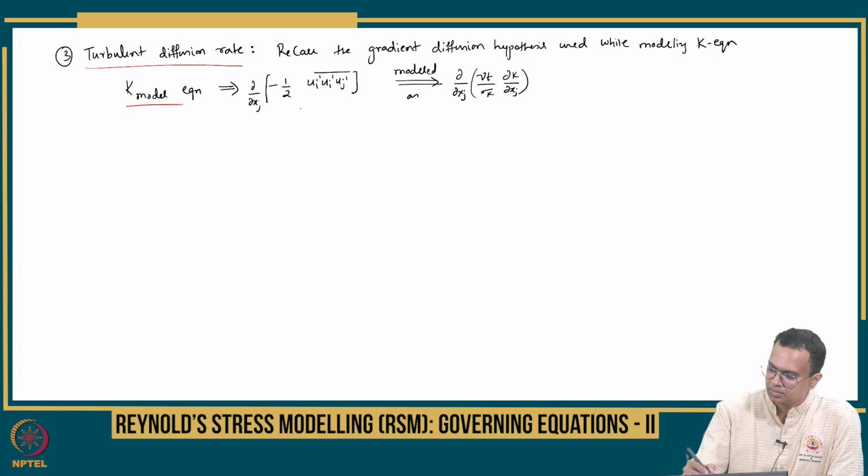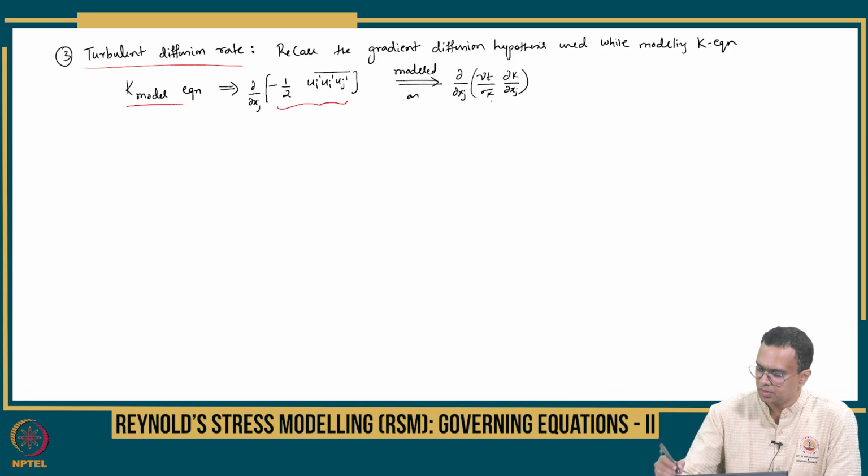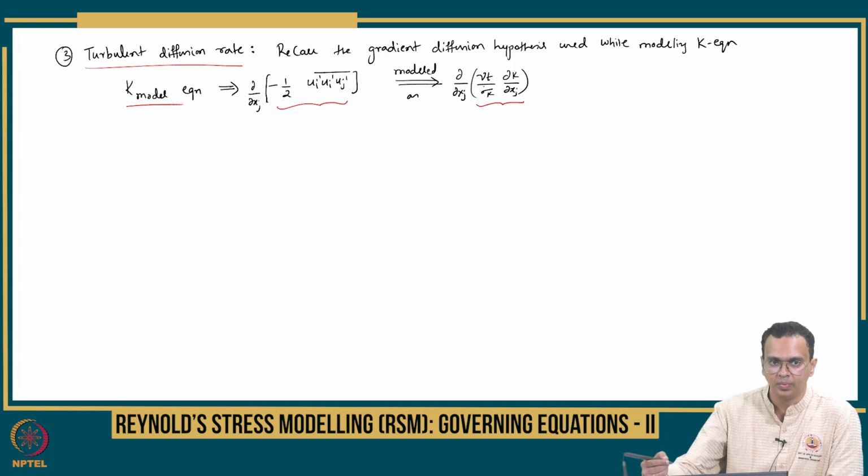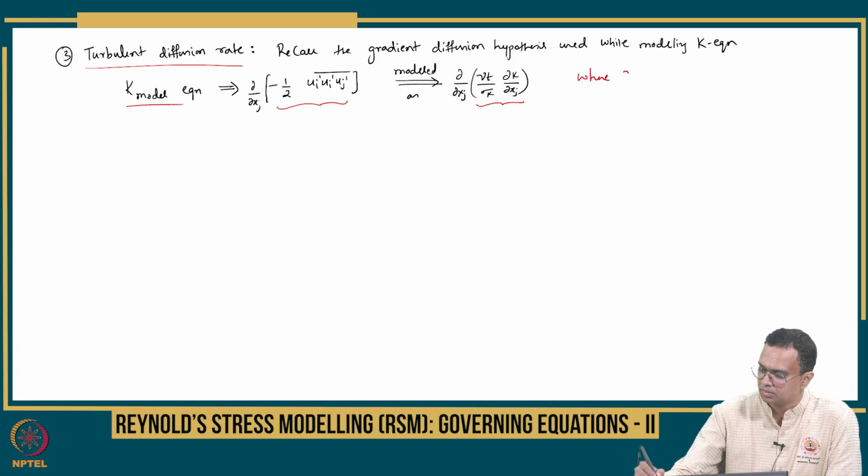So this particular correlation term was replaced by a gradient diffusion hypothesis, which is where we use this nu t by sigma k, an isotropic diffusion coefficient.